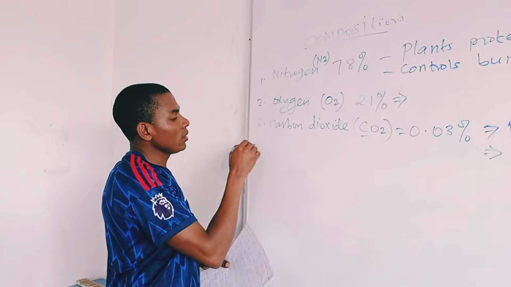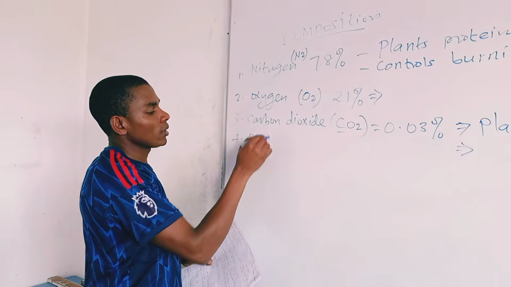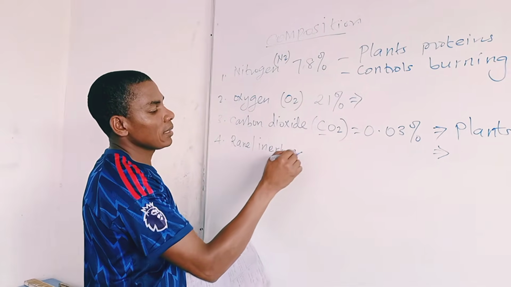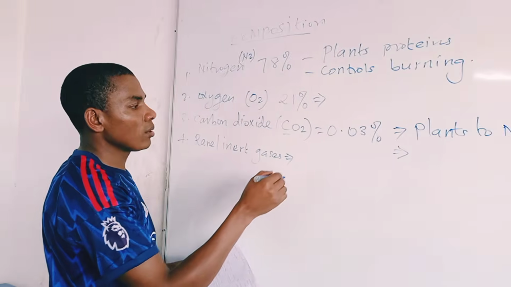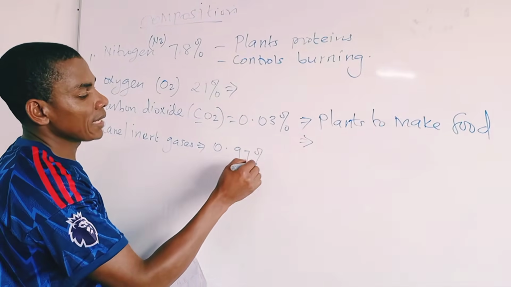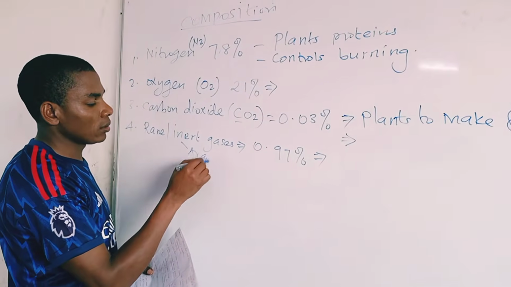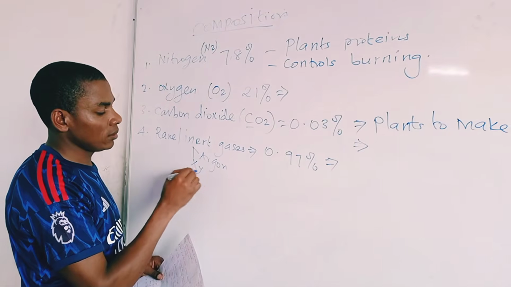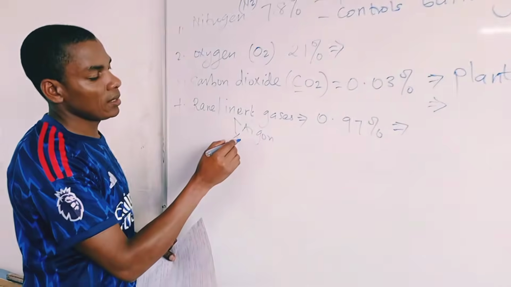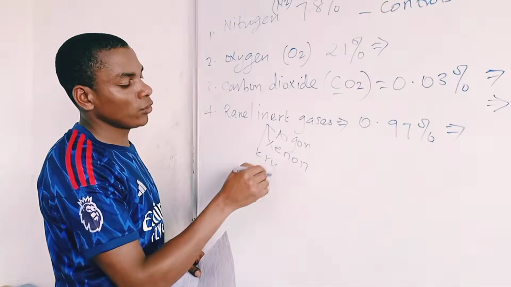Then we have number 4, let's call them rare or inert gases. Inert gases comprise 0.97%. This one comprises argon, xenon, krypton, neon.